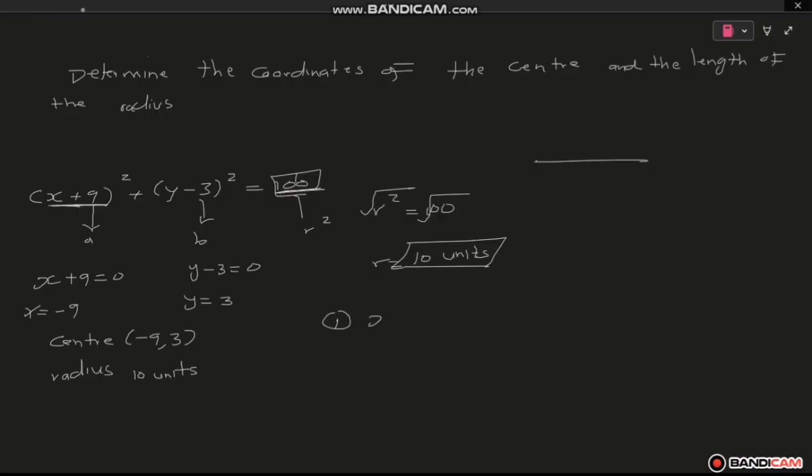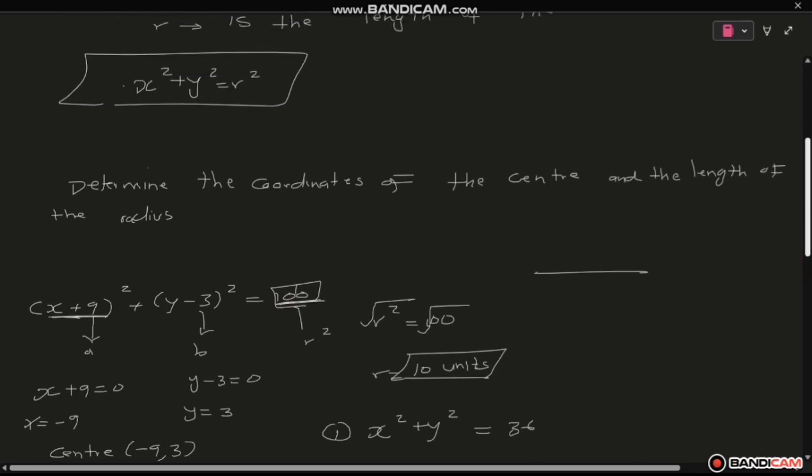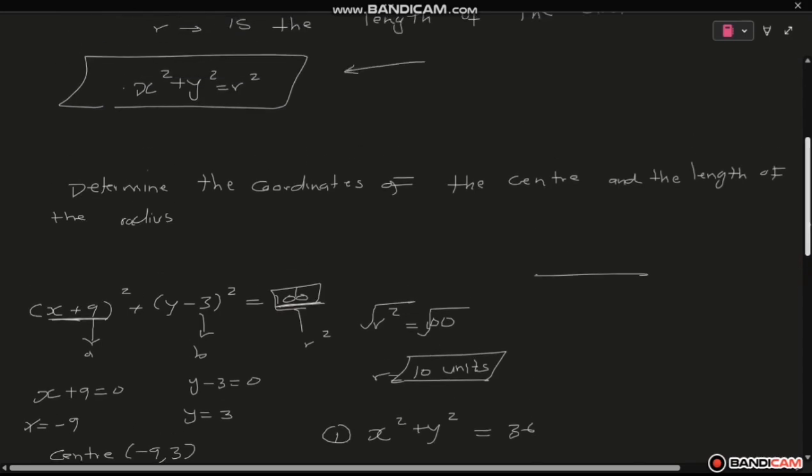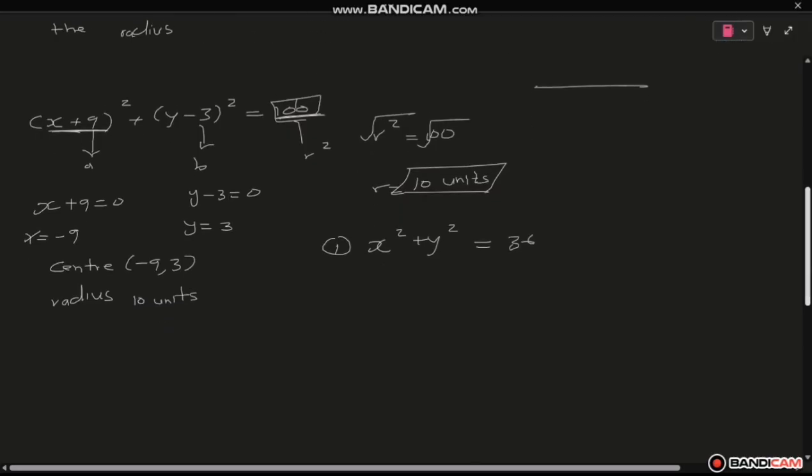So if you have x squared plus y squared equal to 36, it means the circle is at the origin, because we have the theorem of Pythagoras. This is what I was explaining up there. They want us to write the coordinates of the center, so it will be (0; 0) because it is on the origin.